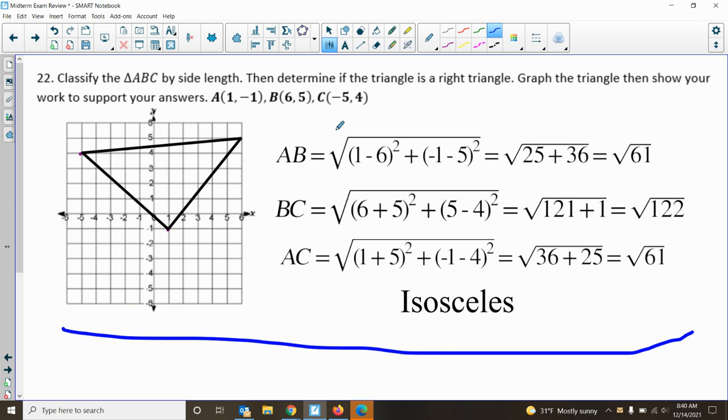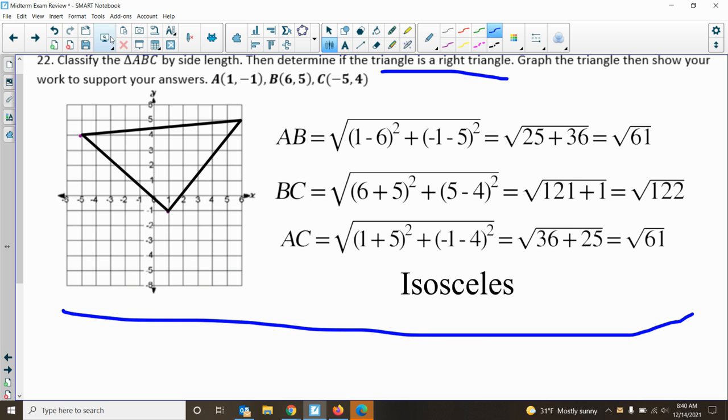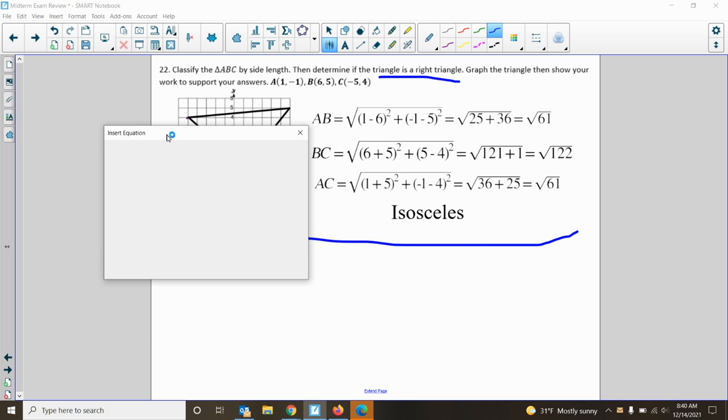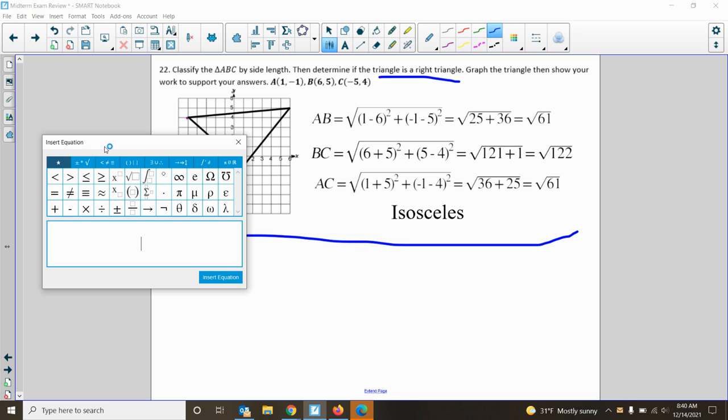Now, to find out whether the triangle is right or not, we should do all of the slopes. If any of the slopes are opposite reciprocals, then we will have a right angle. So let's find the slope from A to B. Change in y over change in x.